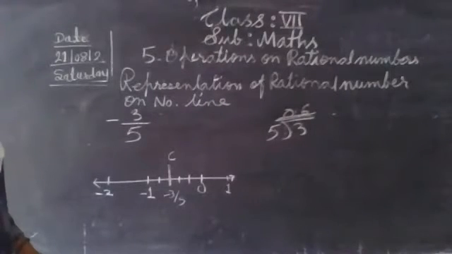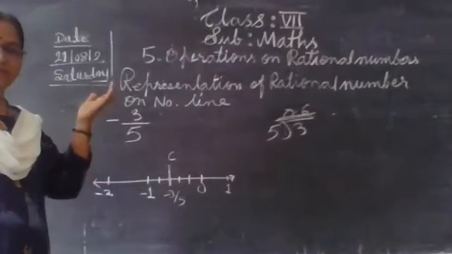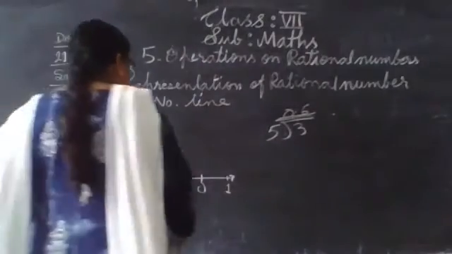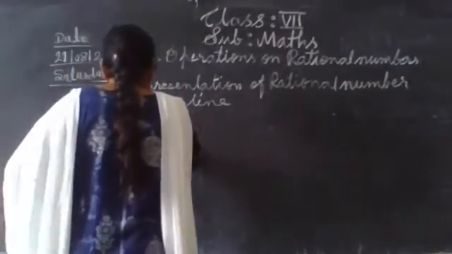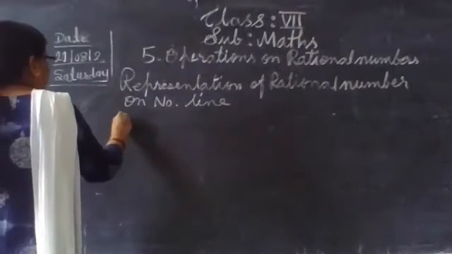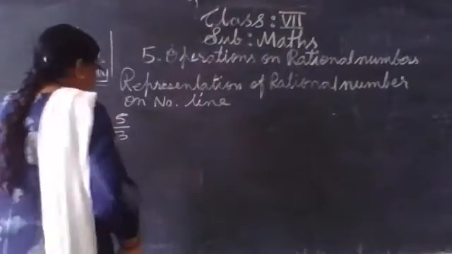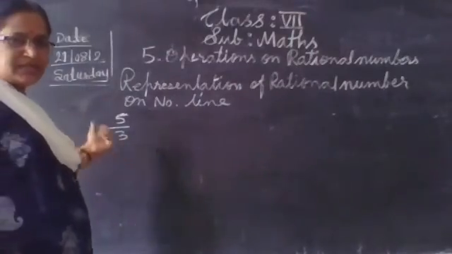Okay. Now let's see the representation of improper fractions. Means numerator is greater than denominator. Suppose it is 5/3. Yes, numerator is greater than denominator.